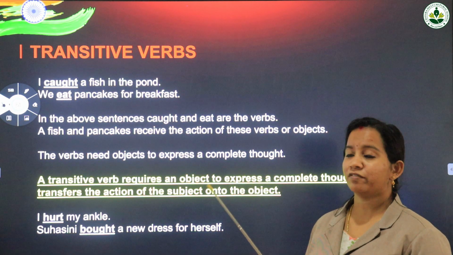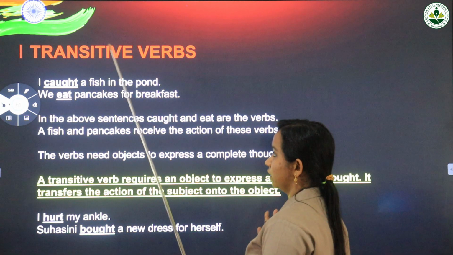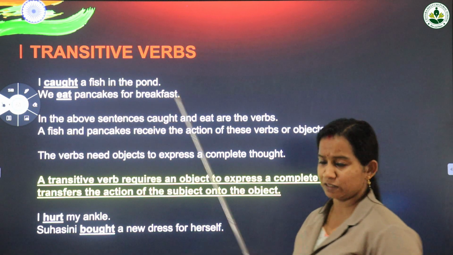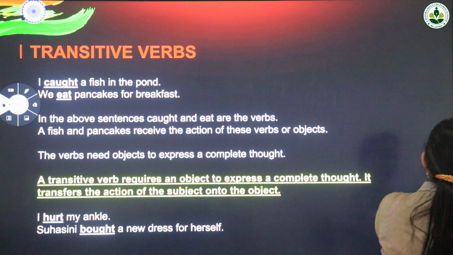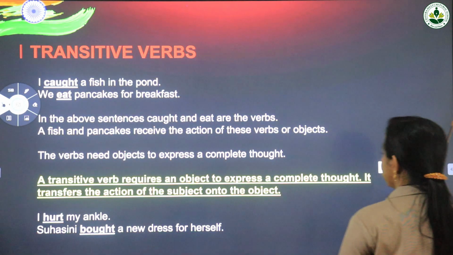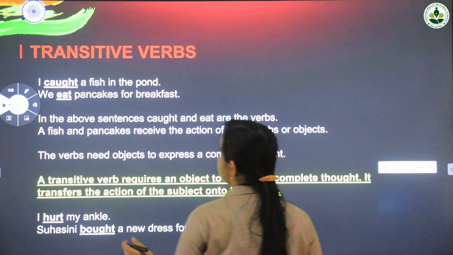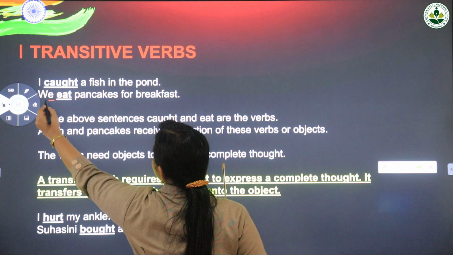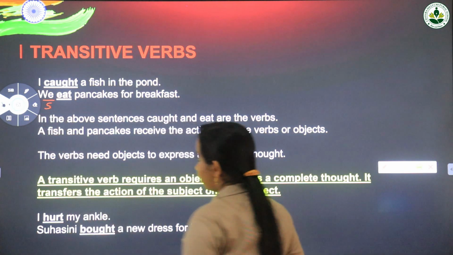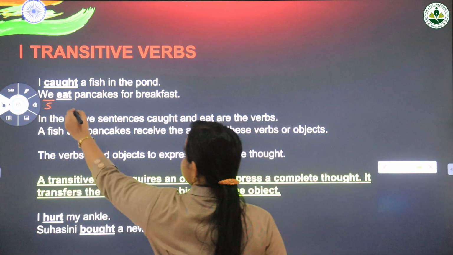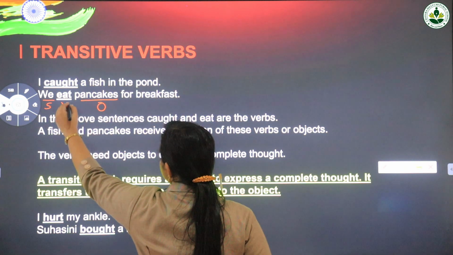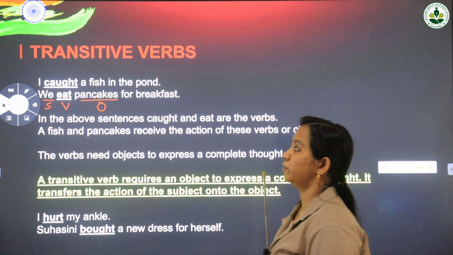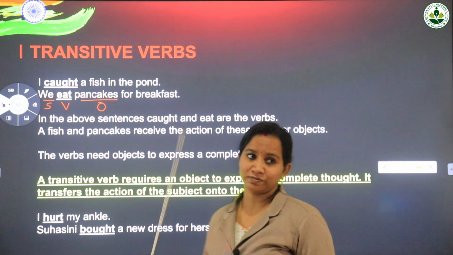So first what you have to do, you have to find out the subject, verb and object in the sentence. So first we will take the second example. We eat pancakes for breakfast. So what is the subject here? We is the subject. And what is the object? Object is pancakes and verb is eat. So SVO pattern. So the sentence is in SVO pattern.